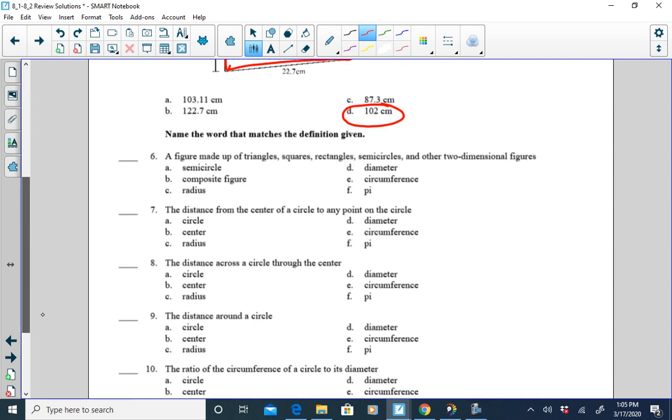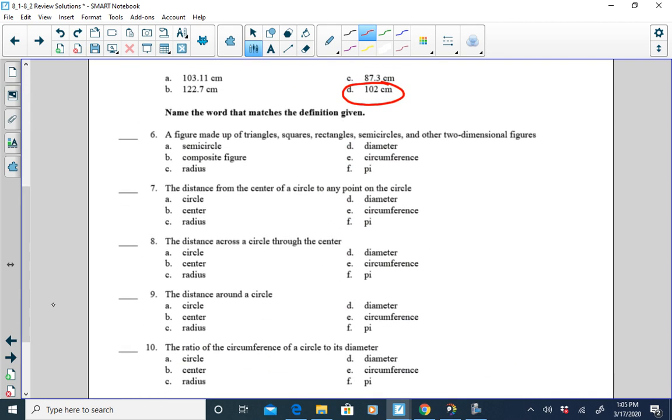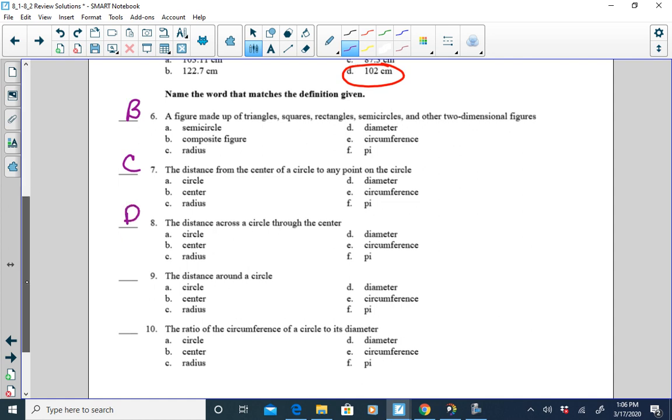Okay, now we get into the multiple choice, and I'll go through these real quickly. Question 6, a figure made up of triangles, squares, rectangles, semicircles, and other two-dimensional figures, that is going to be composite figures, answer B. The distance from the center of a circle to any point on the circle, that is a radius, answer C. The distance across a circle through the center, that's answer D, diameter.